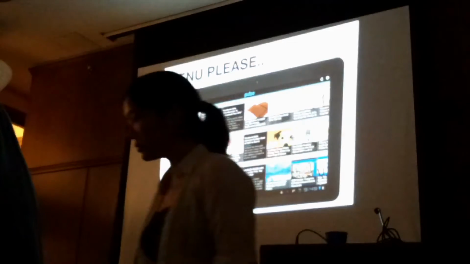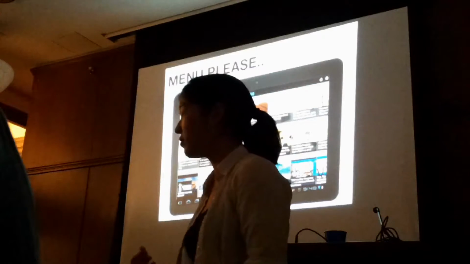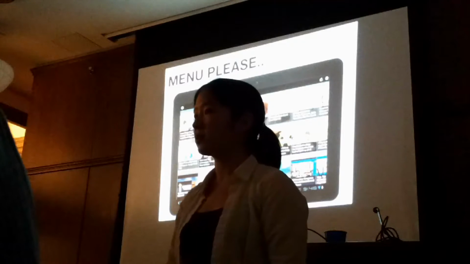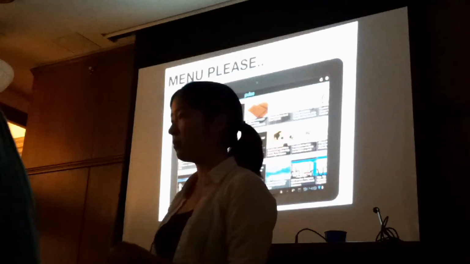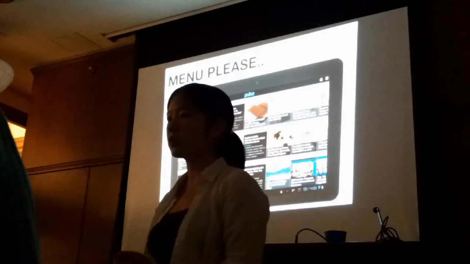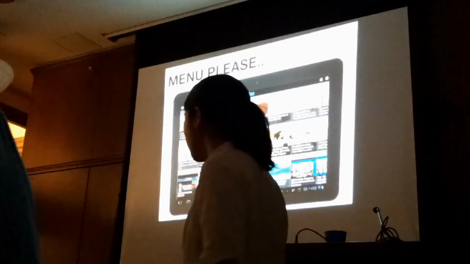Okay, and then once you set your target SDK version to point to a version of Honeycomb, you'll notice that your menu button doesn't exist anymore. If you're familiar with Android phones, there's the hard menu button, but on Honeycomb, they've taken away the hardware buttons and replaced them with on-screen buttons that are always there.